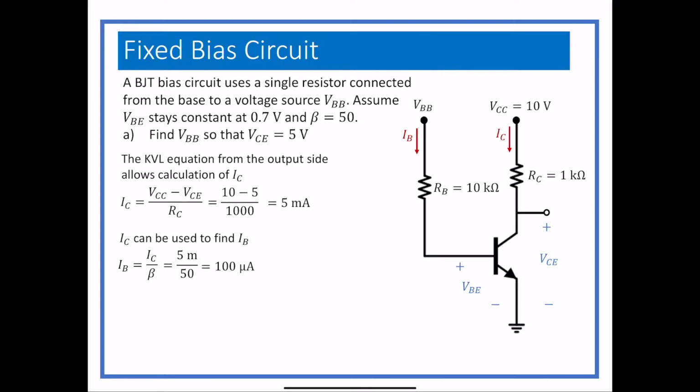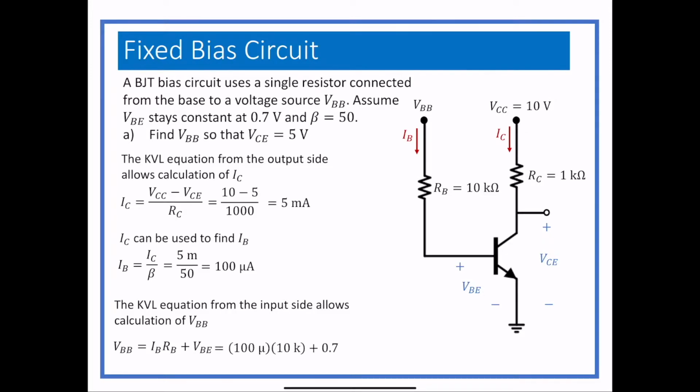Then we can use the KVL equation from the input side to find VBB. So VBB is IBRB plus VBE. We already know all those values, and we just plug them in, and we get 1.7 volts for VBB.